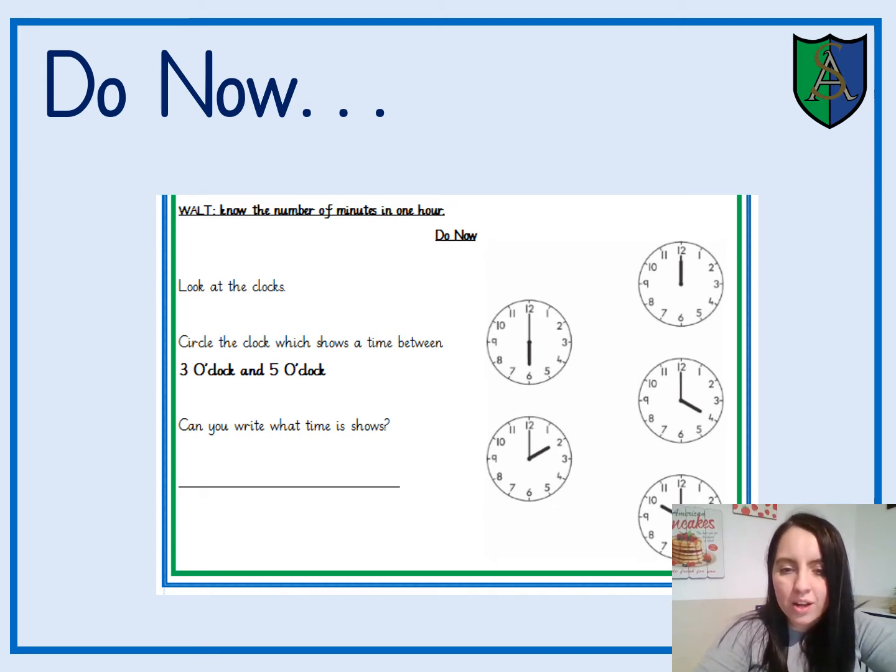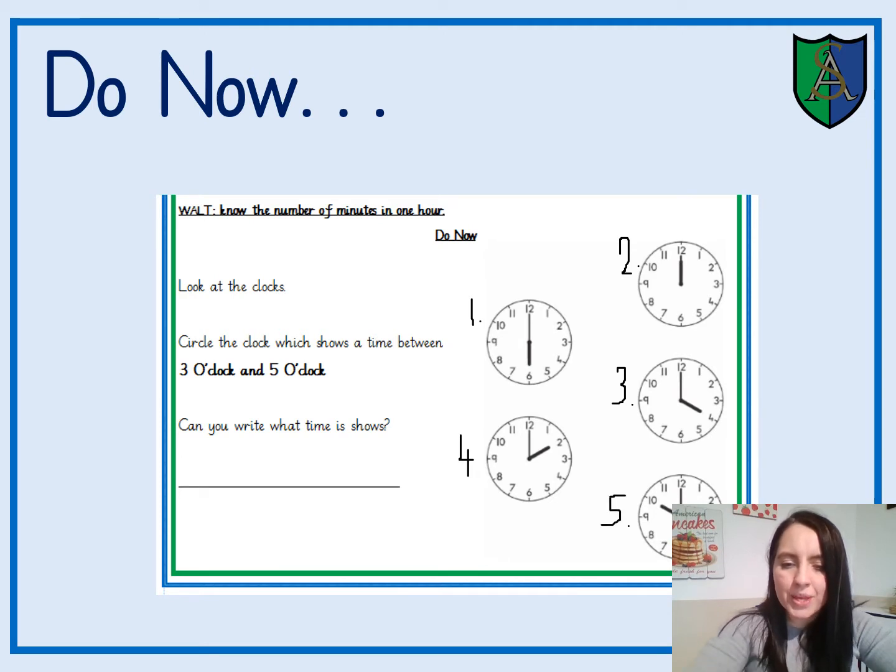I can see that this one here shows 6 o'clock, one shows 12 o'clock, one shows 4 o'clock, one shows 2 o'clock, and one over here shows 10 o'clock.